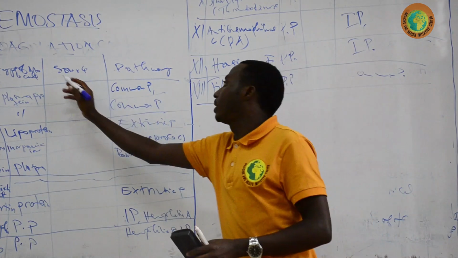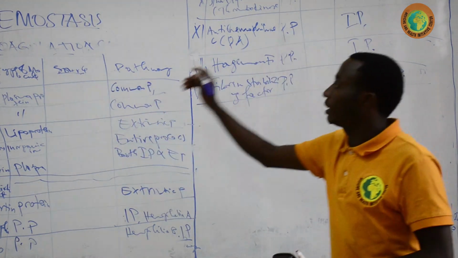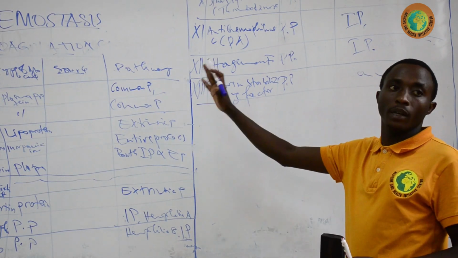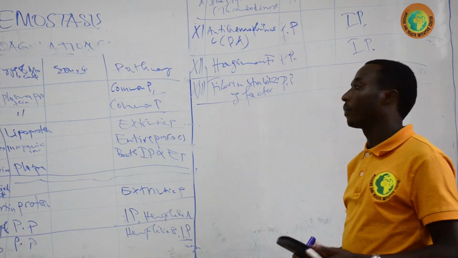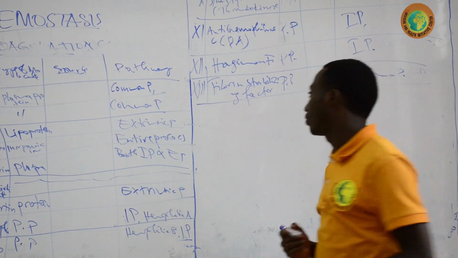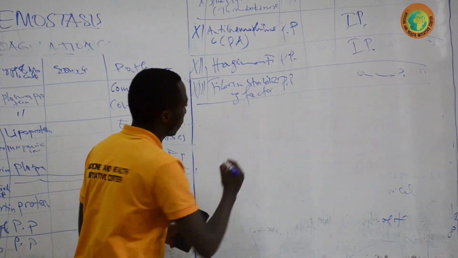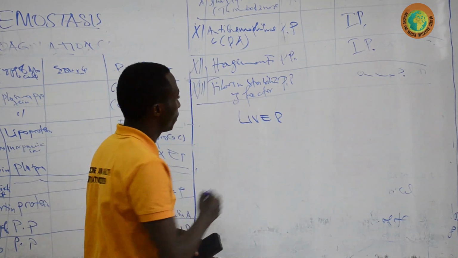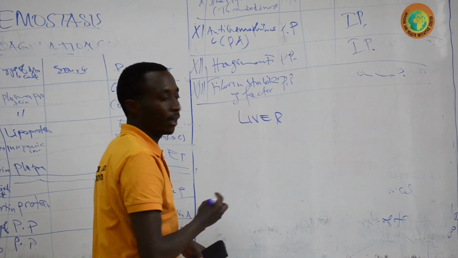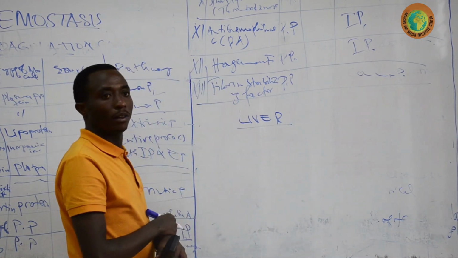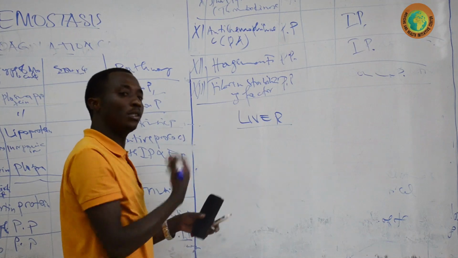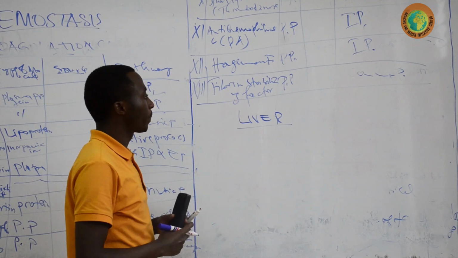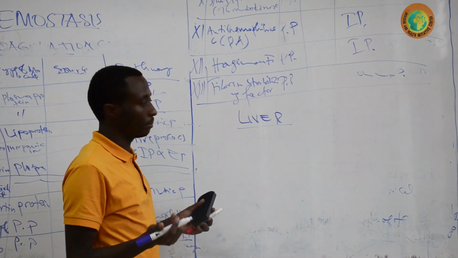Previously I have said that the majority of these factors are manufactured by the liver and platelets. Let us look at the clotting factors that are produced by the liver. They can be produced by the liver and other components like platelets or endothelial cells of the blood vessels.